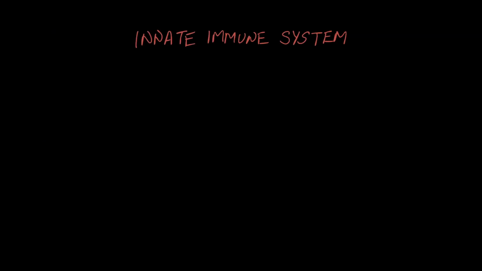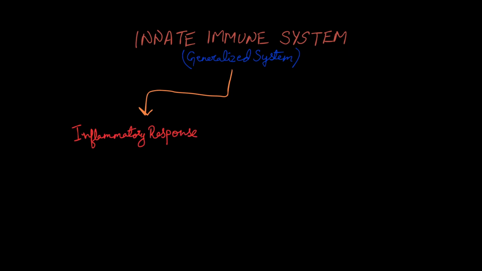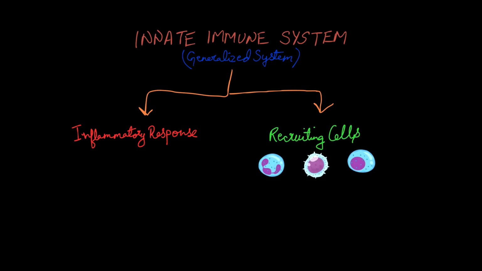And hence that summarizes the innate immune system, a generalized system that recognizes and responds to an invading pathogen by causing an inflammatory response and recruiting cells that destroy the pathogen by phagocytosis.